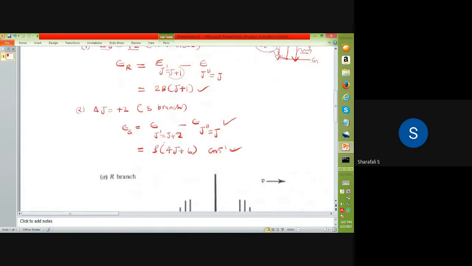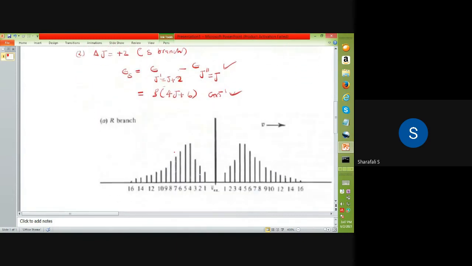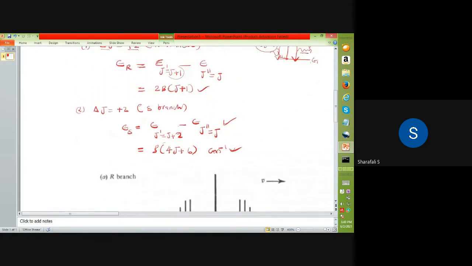And if you further look into the spectra that we will get for these two cases, first we have this R branch, for which we have 2B into J plus 1. Now if you substitute J equal to 0, epsilon R will be equal to 2B.